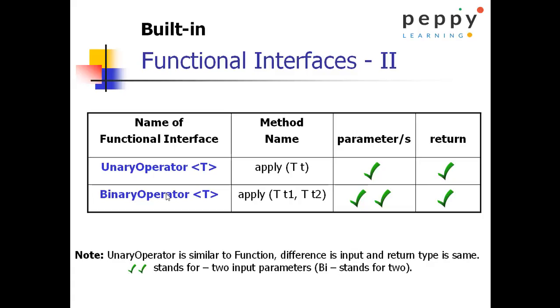Whereas BinaryOperator is exactly the same as UnaryOperator, but Bi stands for two, which will take two parameters and return one value. So both the input parameter types and the return type are the same. UnaryOperator extends from Function, whereas BinaryOperator also extends from Function.